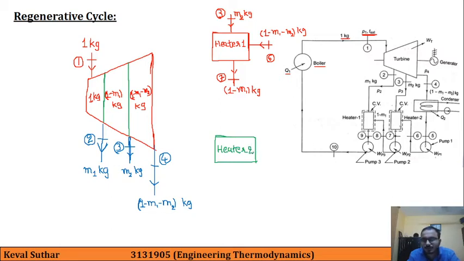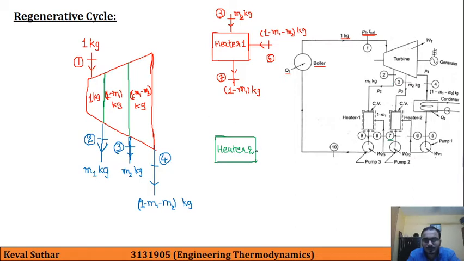Heater 2 now, if you focus over here, then at the exit of, again we will revisit our point number 7 over here, that this 1 minus m1 kg is pumped into the heater 1, where it is meeting this m1 kg from the turbine.